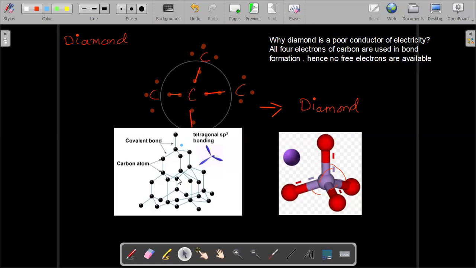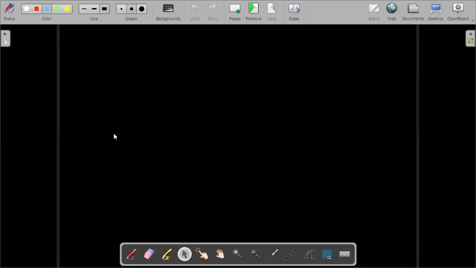The bond formed is the tetravalent covalent bond, which is a rigid structure. Now let's see the structure for graphite. How does graphite work? So see now, for graphite, each carbon atom is now linked with only 3 other carbon atoms.